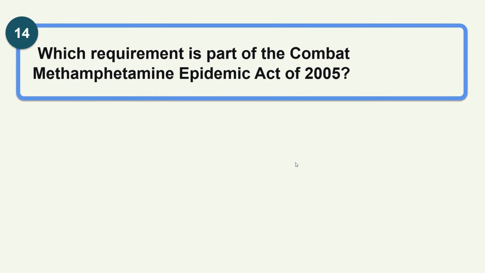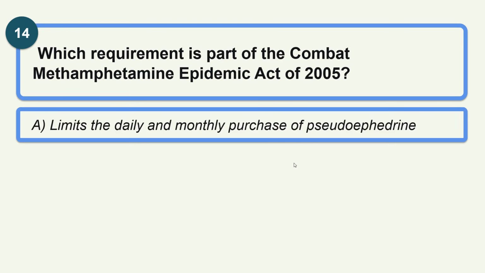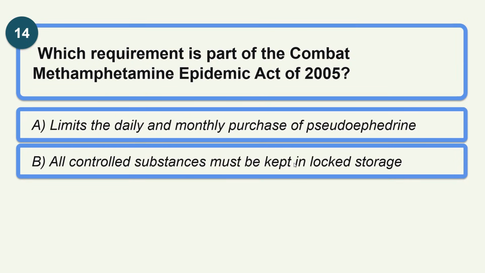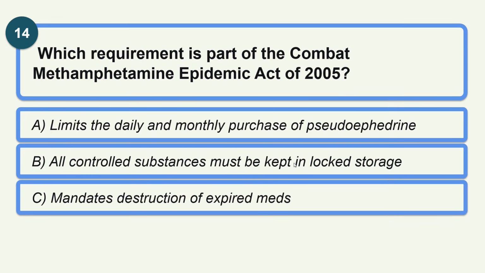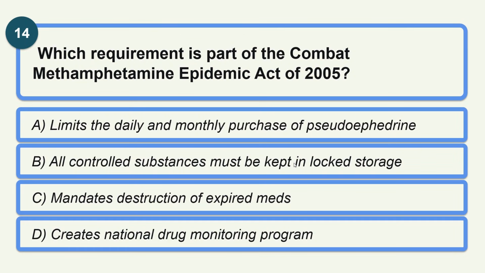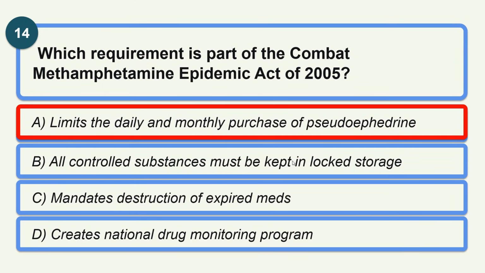Which requirement is a part of the Combat Methamphetamine Epidemic Act of 2005? A. Limit the daily and monthly purchase of pseudoephedrine. B. All controlled substances must be kept in locked storage. C. Mandate destruction of expired medications. D. Create a national drug monitoring program. The correct answer is limit the daily and monthly purchase of pseudoephedrine.